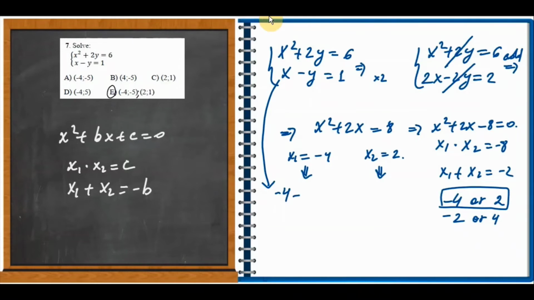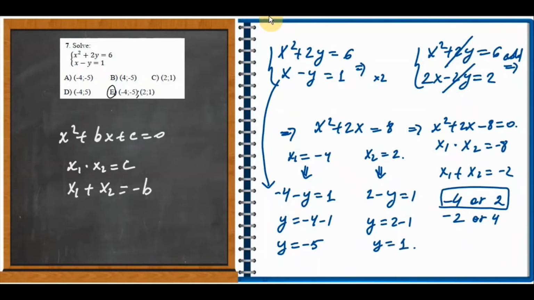Negative 4 minus y is equal to 1, y is equal to negative 4 minus 1, and y is equal to negative 5. So in the second, 2 minus y is equal to 1, y is equal to 2 minus 1, and y is going to be 1. Now the pairs will be x1 negative 4, y1 negative 5, and x2 is 2, and y2 is 1. The correct answer is E.